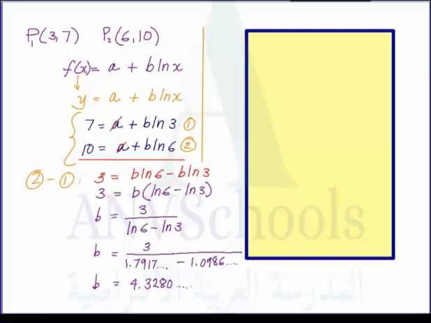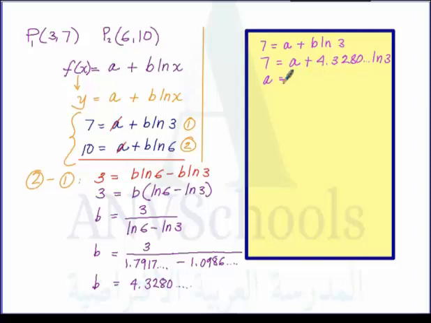So I have 7 is equal to a plus b ln of 3. You have the natural logarithm of 3 multiplied by b and added to a, and my b is equal to 4.3280. So my a would then be equal to, let us do that.